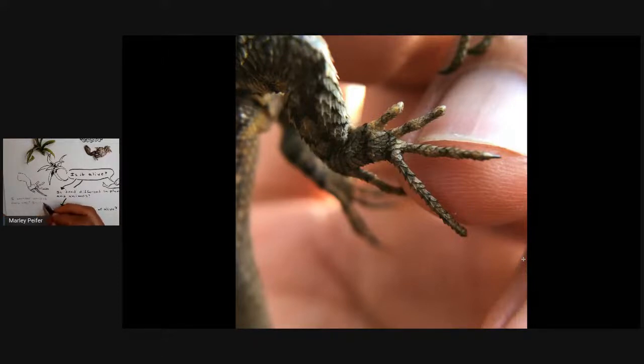Is it an animal? What are some of those one-word questions that we talked about before? Age, species, gender.